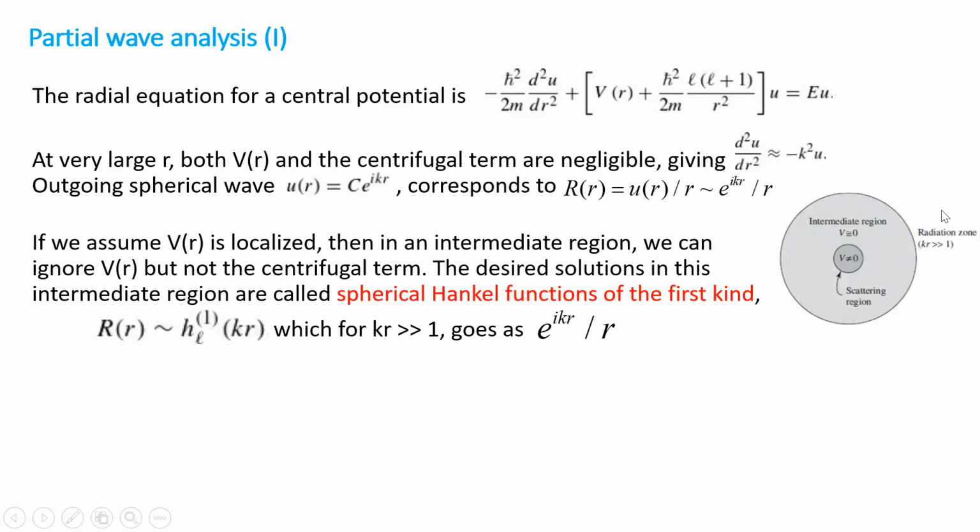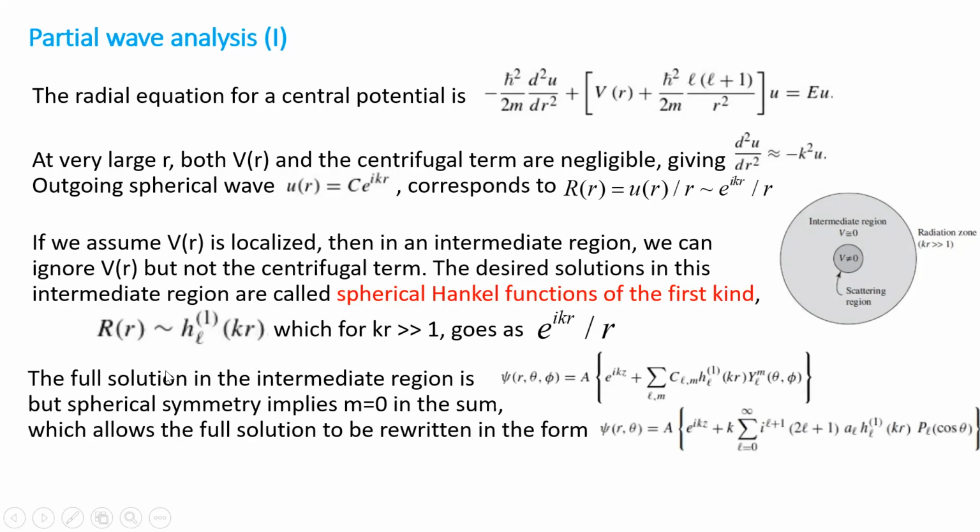If we go out to the radiation zone, they match what we found from the approximation in the radiation zone. So this matching indicates that these spherical Hankel functions of the first kind are the proper functions to use in this intermediate region. Okay, so the full solution in the intermediate region can be written like this.